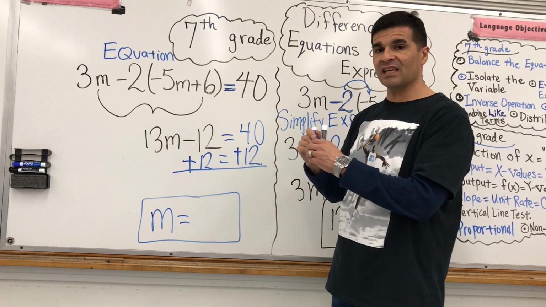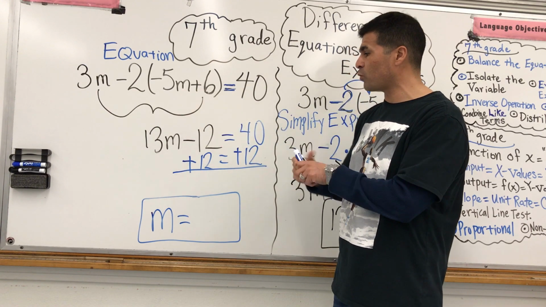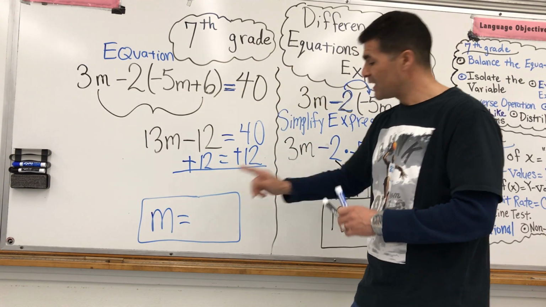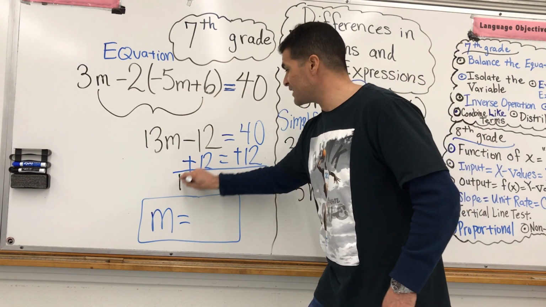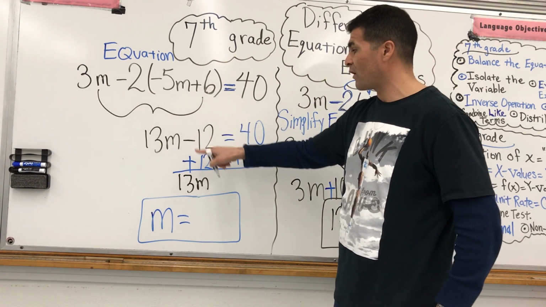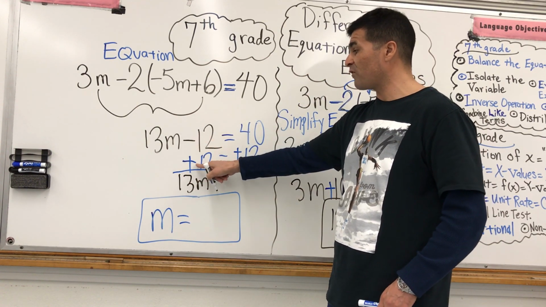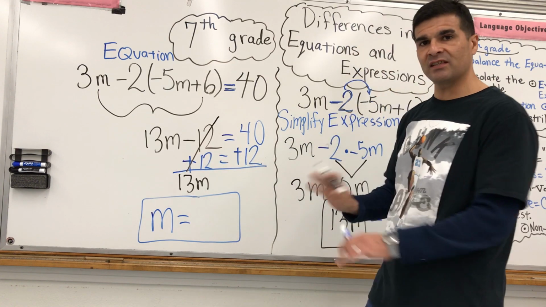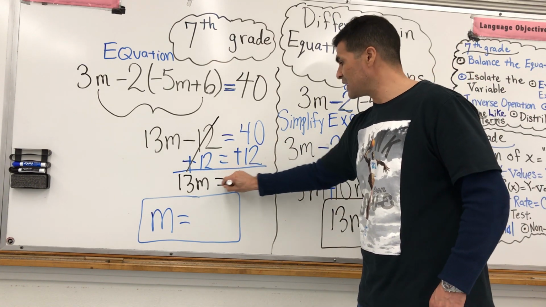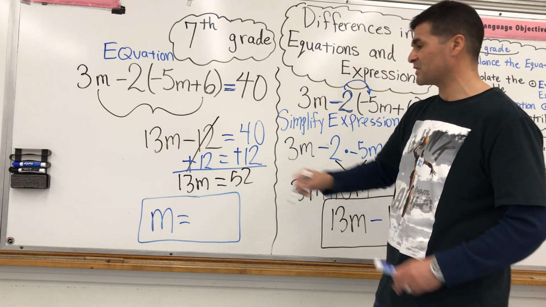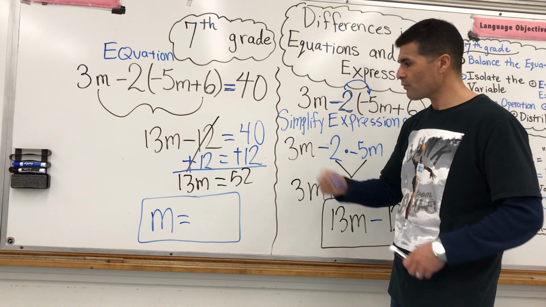I'm trying to get this 13m minus 12 to turn into 1m equals the solution. Negative 12 plus 12 cancels away to 0. This is going to be equal to 52 because 40 plus 12 equals 52.